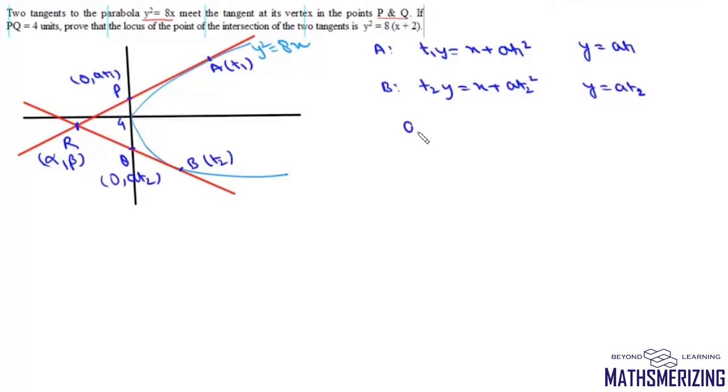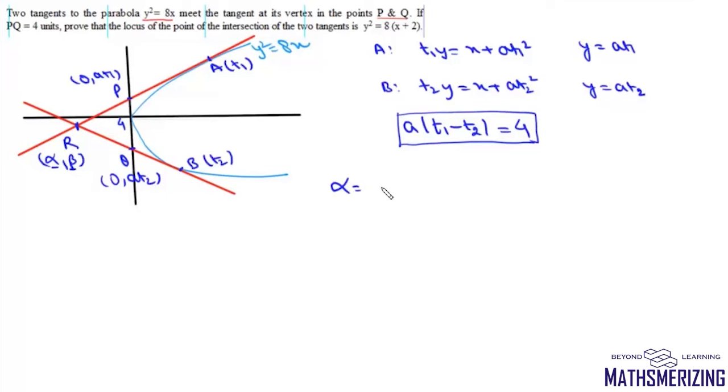So that means a times mod of (t1 minus t2) should be 4. Now we need to find the locus of the point of intersection, so we'll say this point is (alpha, beta).